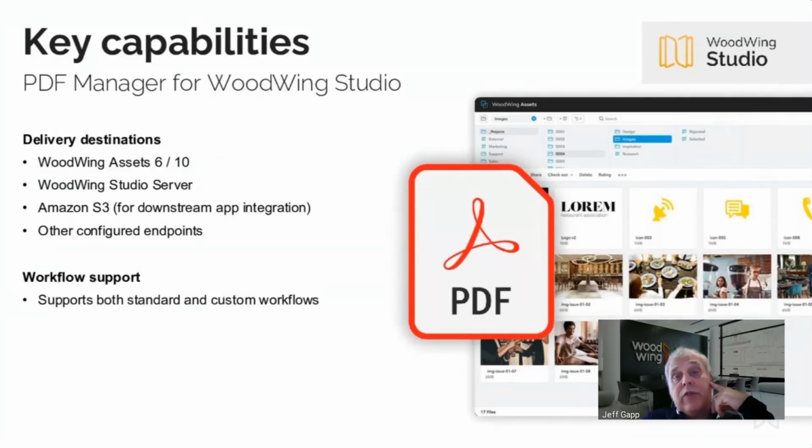You might put them back inside of Studio Server, inside of a dossier as part of the issue. You might put them in S3. Long story short is that you deliver these to any endpoint that you want, right? As long as that endpoint can handle the incoming messages and do something with the content. Obviously, we support both standard and custom workflows within this environment.